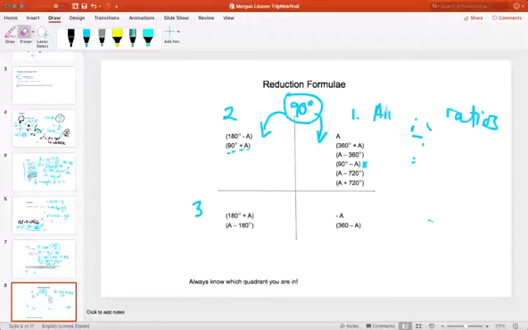All right, but the next part of our CoCo rule is when we say 90 plus our reference angle. When you've got 90 plus your reference angle, it takes you into quadrant 2, which is over here.